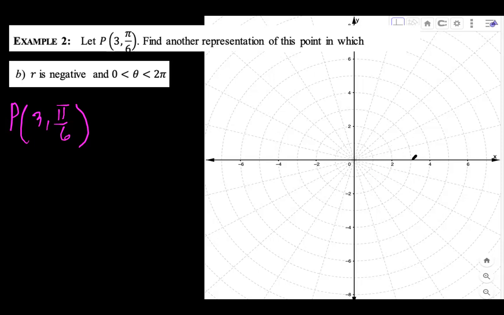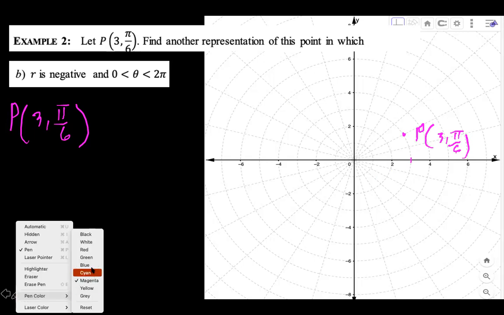And the radius is 3, so the radius is 3 here. Pi/6, that's 30 degrees. So here we go. This is the point that we're looking at, or this is the point P. Point P is (3, pi/6), right?